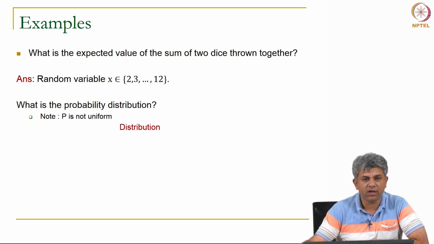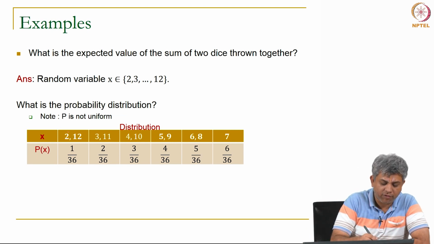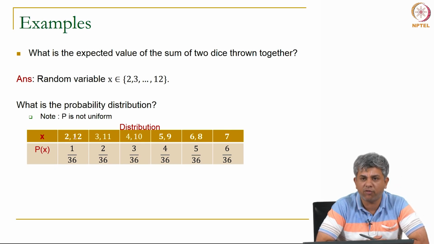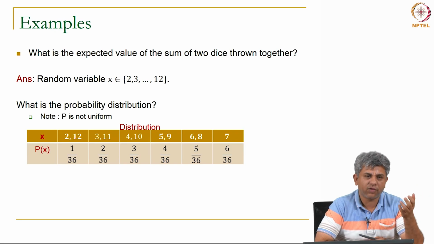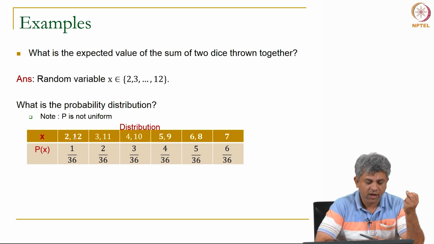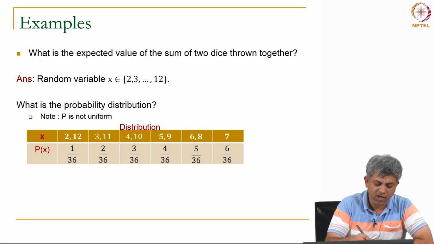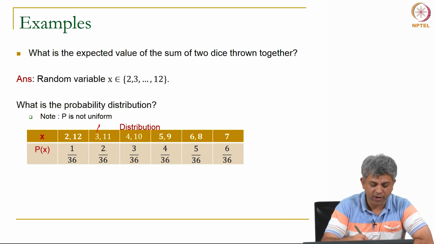So, here is the distribution. Both 2 and 12, if x is 2 as well as if x is 12, both of these can occur in only one way. For 2 you need 1 1 and for 12 you need 6 6, and that can occur in 1 by 6 multiplied by 1 by 6, which is 1 by 36. Similarly, 3 can occur in two ways, 1 comma 2, 2 comma 1. So, therefore, you get 2 by 36.